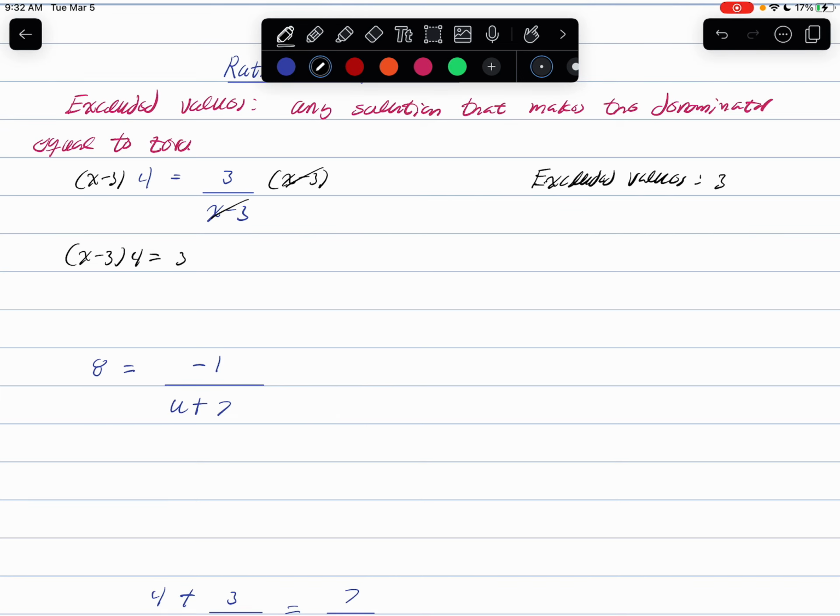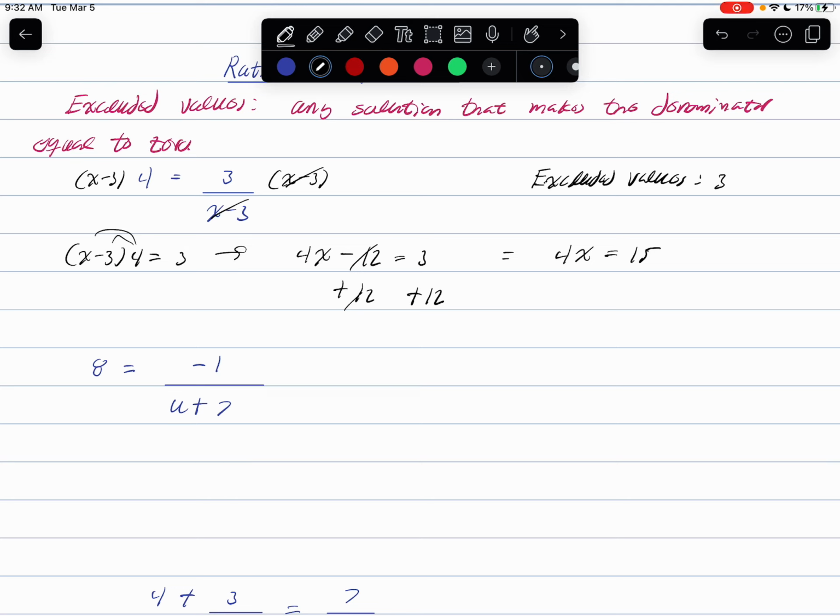Okay, and now we can distribute this 4. So we have 4x minus 12 is equal to 3. So now we can add 12 to both sides, and we get 4x is equal to 15.